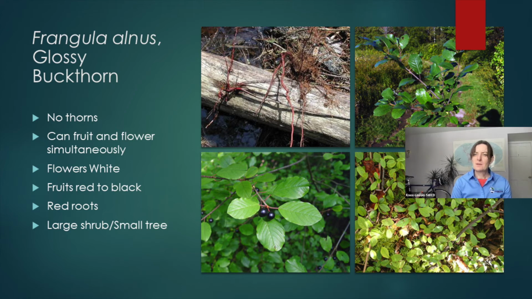They seed very prolifically, as you can see in the lower right corner. And because they have not super showy flowers, and they grow at a height similar to things like Ilex verticillata or winterberry, or the speckled alder, dogwood, which is what the leaves look most closely resemble because they have very deep, distinct venation in the leaves, as you can see in the lower left corner, they kind of go unnoticed in the landscape for a bit.